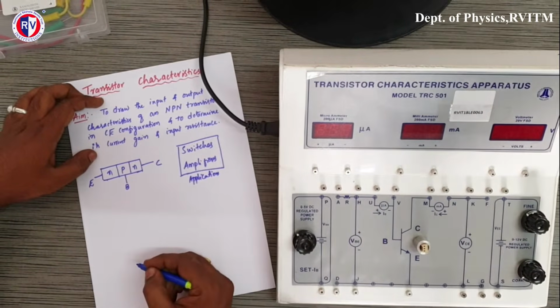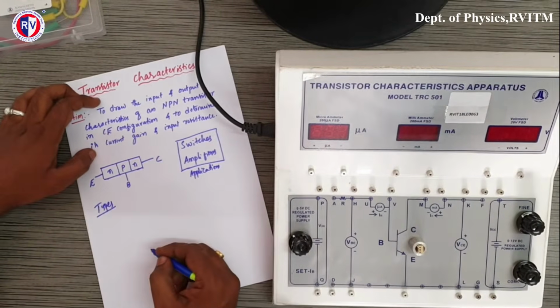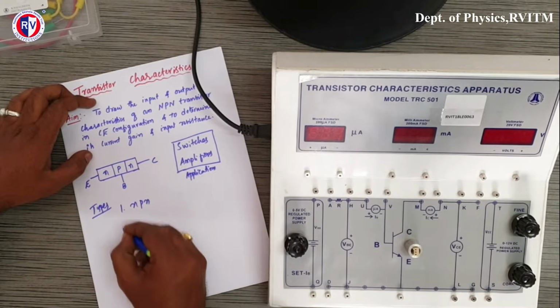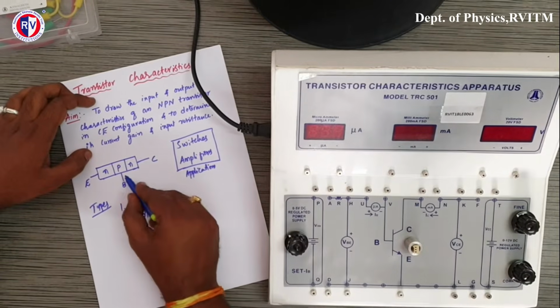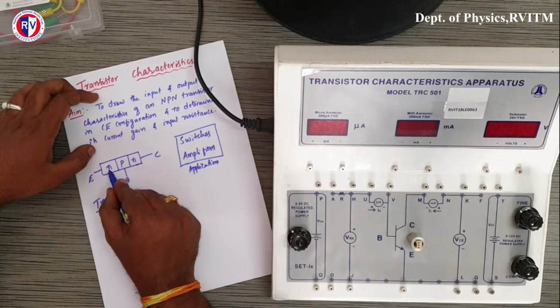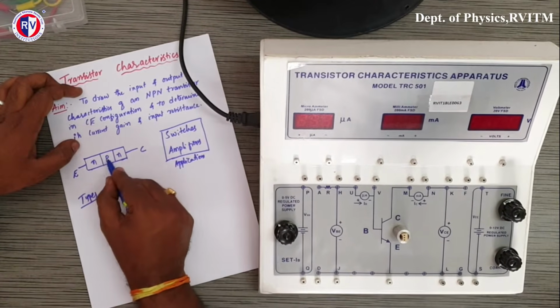Now what are the types of transistors? Basically there are two types: one is the NPN transistor, the second is the PNP transistor. The one you are seeing here is called an NPN transistor because we take PN junctions and sandwich them.